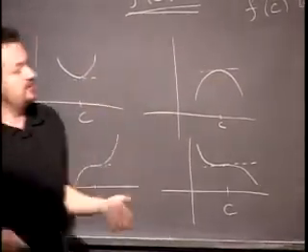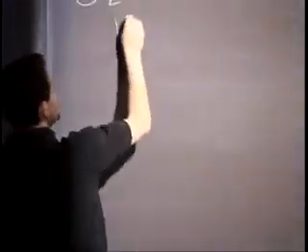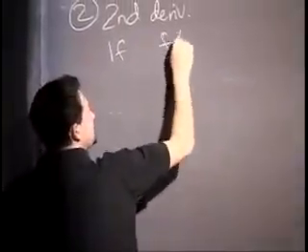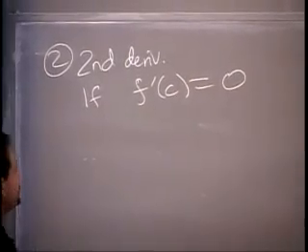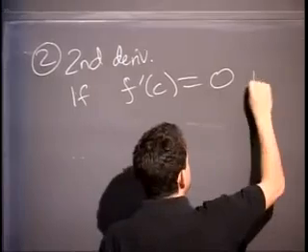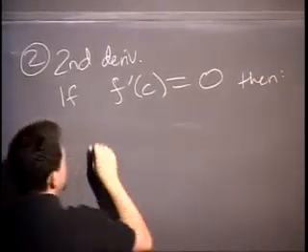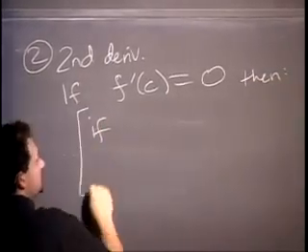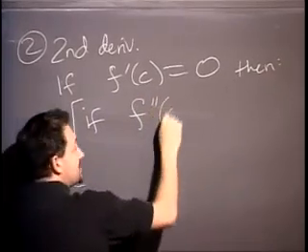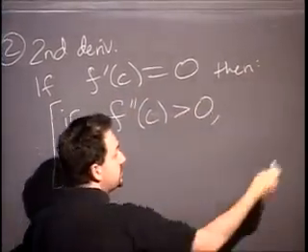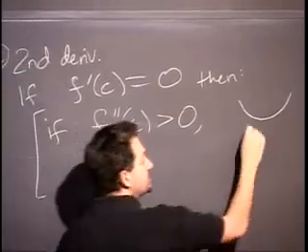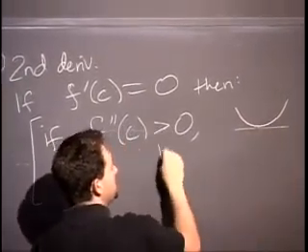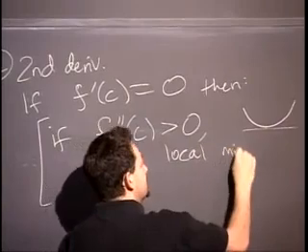So we'll sort of turn the tables around and write a little summary here. So if c is a critical point in such a way that the derivative is 0 there, what we can say is, first of all, if the second derivative at that point is positive, the curve is concave up nearby. So you should draw a little picture and remind yourself that we must have a minimum, local minimum, at c.